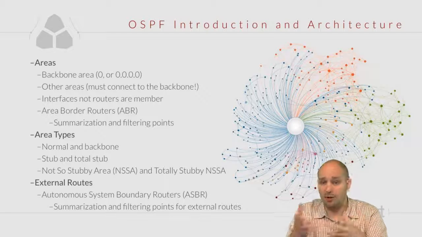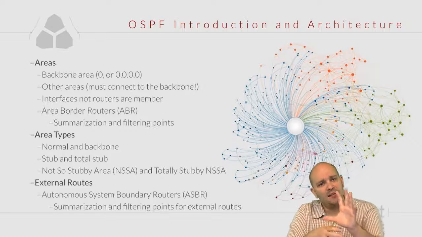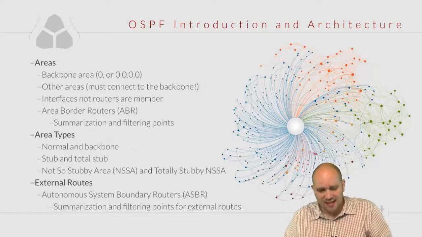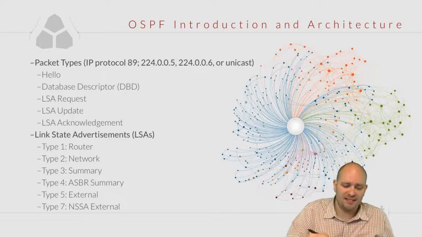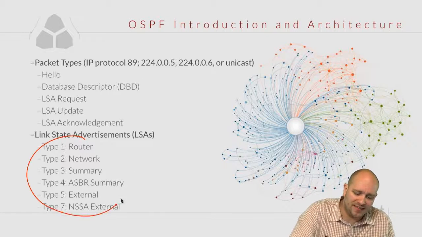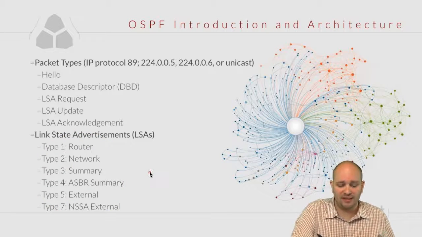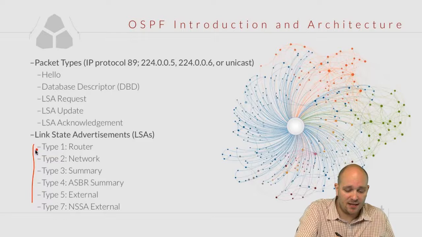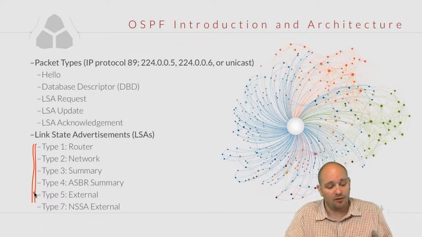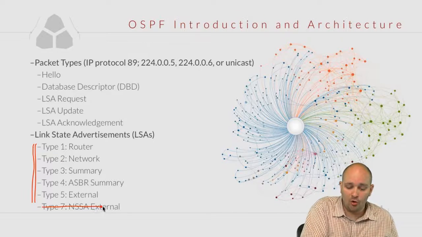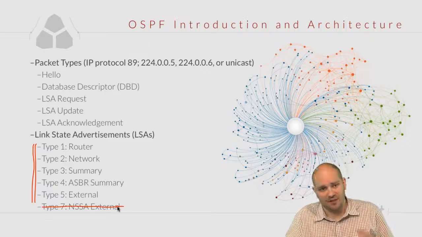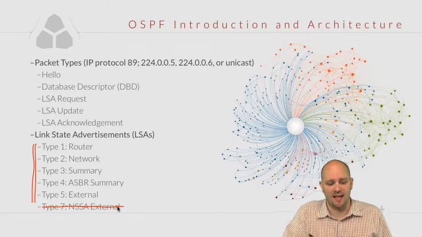There are also stub and total stub areas, and the difference between these areas is in which LSAs are allowed to exist in which areas. For example, for normal areas, we can have LSA types 1, 2, 3, 4, 5, but we don't have LSA type 7. This is specific to the NSSA area.